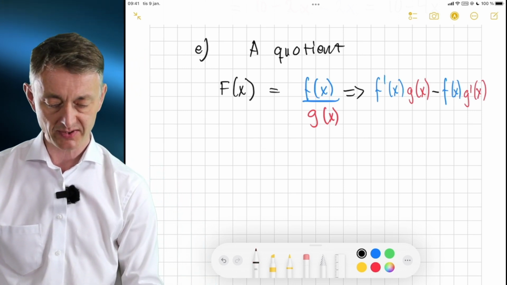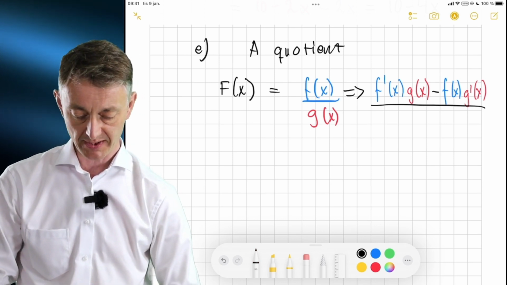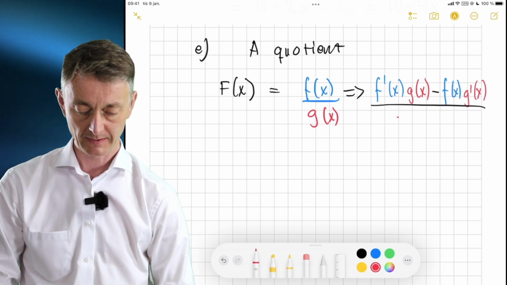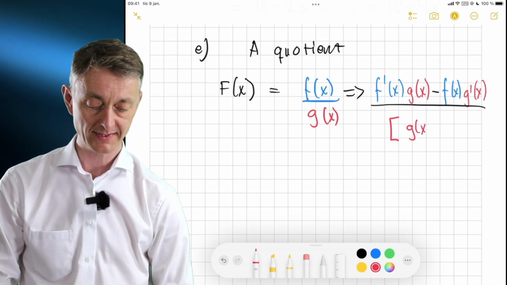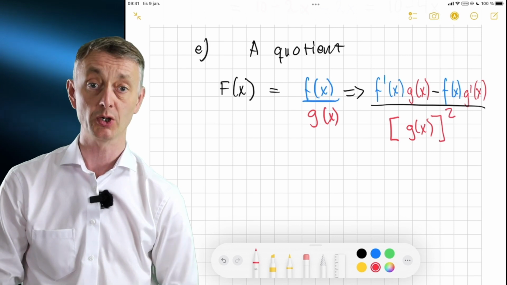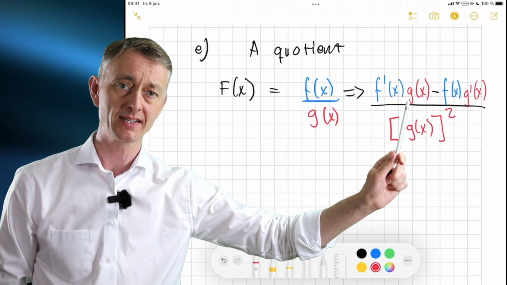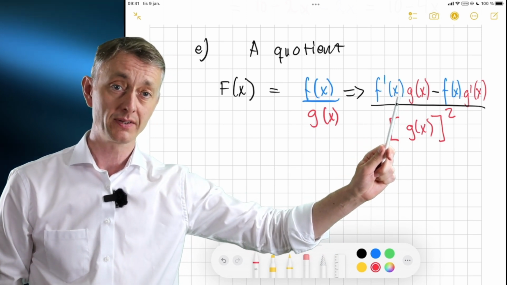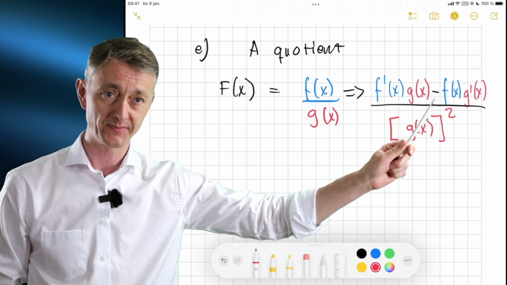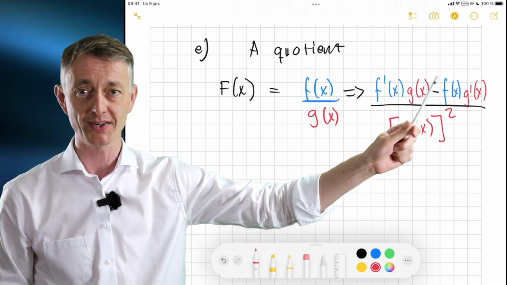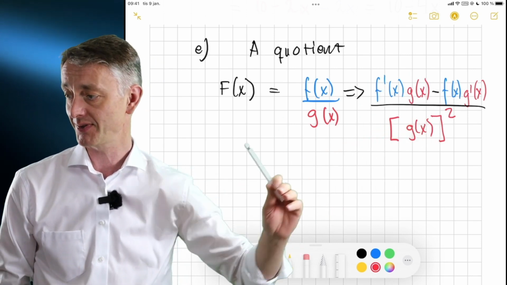There is yet another item here, namely the denominator, which is then the following. It is g of x to the power of 2. So this is a bit tricky, right? So you must remember that the f prime times g of x, that comes before the negative sign here, right? It's a negative sign, so it matters on which part, if you put the f prime here or over here. So make sure you remember how to do that.